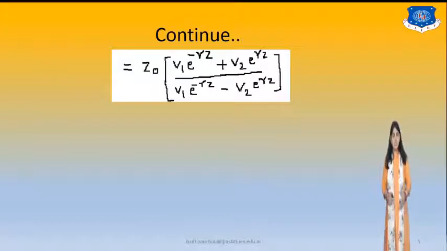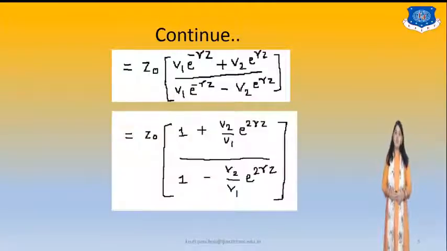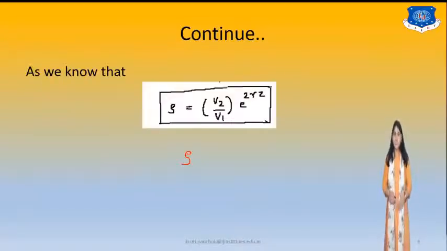So this is equal to Z0 in bracket V1 e raised to minus gamma Z plus V2 e raised to gamma Z upon V1 e raised to minus gamma Z minus V2 e raised to gamma Z. So it is equal to Z0 in bracket 1 plus V2 upon V1 e raised to 2 gamma Z upon 1 minus V2 upon V1 e raised to 2 gamma Z. Now we know that rho is equal to what?